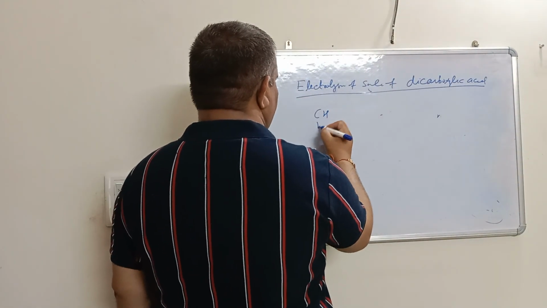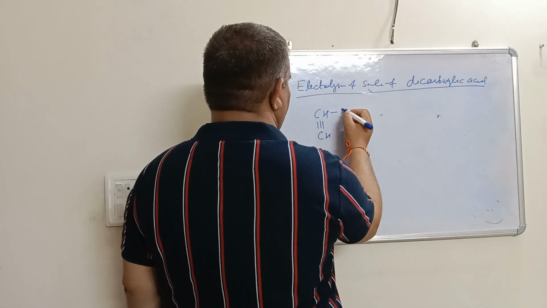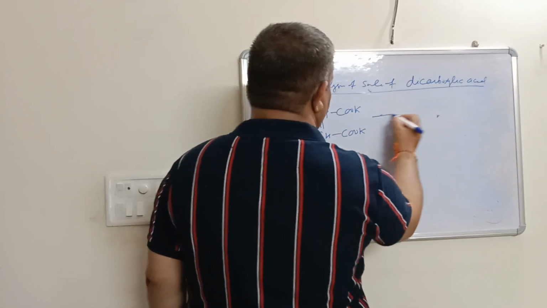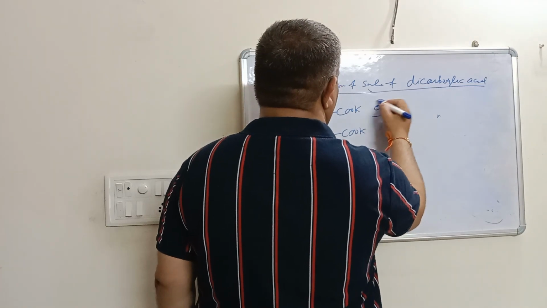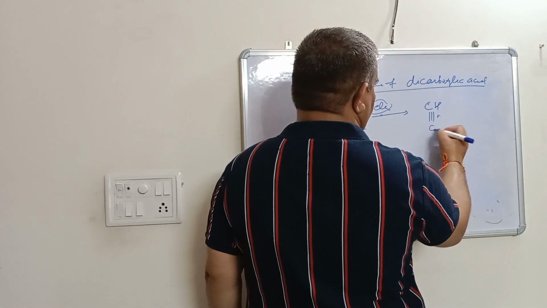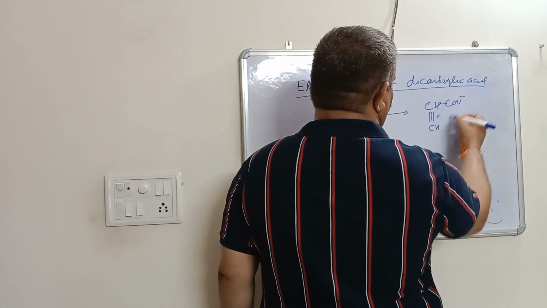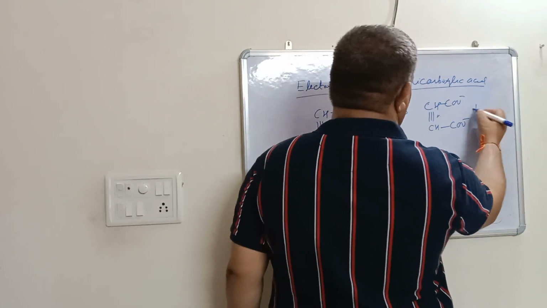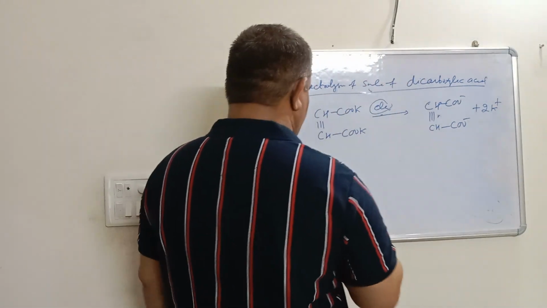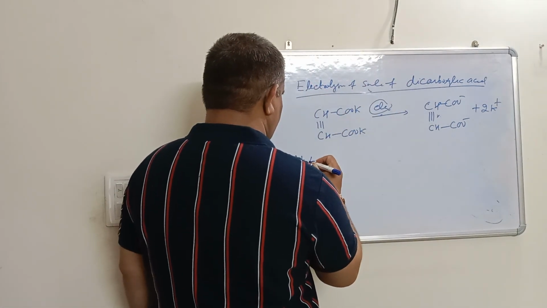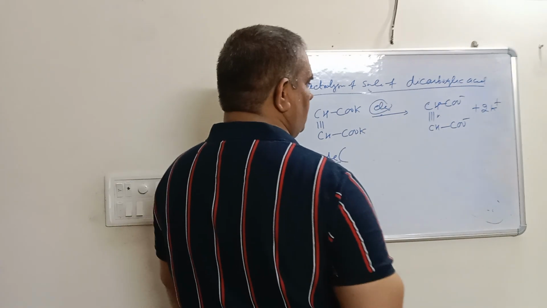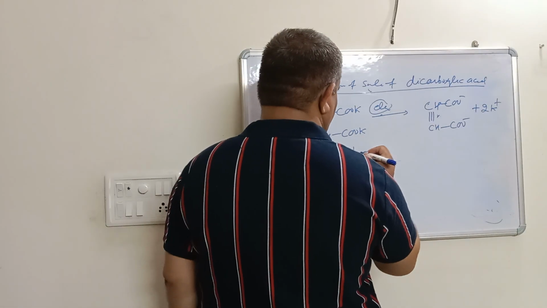This is potassium maleate, and on electrolysis it forms the maleate ion and 2K+, and at the anode loss of electrons takes place.